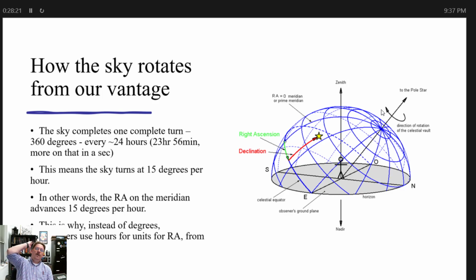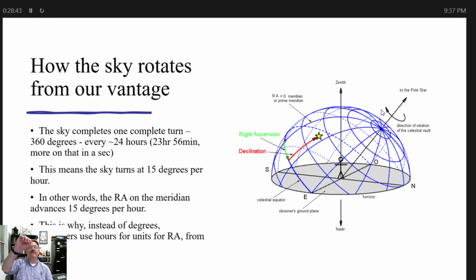And so if you know what the local sidereal time is, say the local sidereal time is 18 hours. That means that the 18 hours of right ascension is passing along your local meridian.